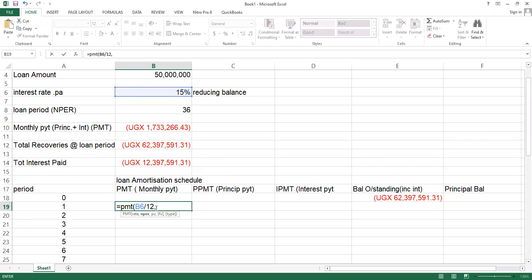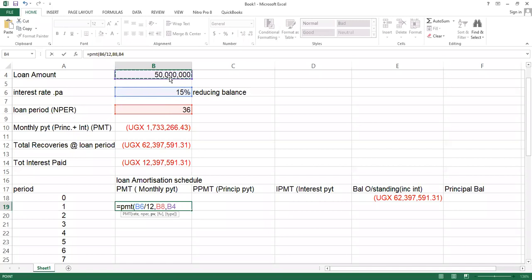So the NPER, we say it is number of periods, which is 36. So I click in 36 here. Then I put a comma. Then they're asking for the PV, present value. That is the loan amount, the amount that you're taking now, which is 50 million.